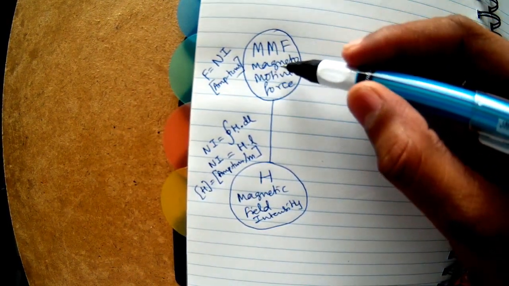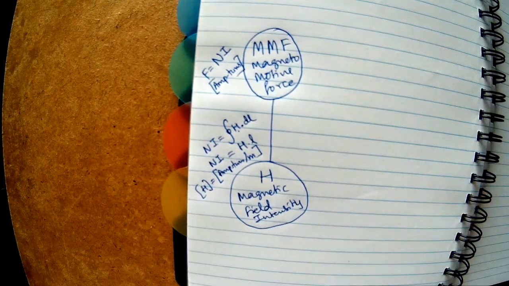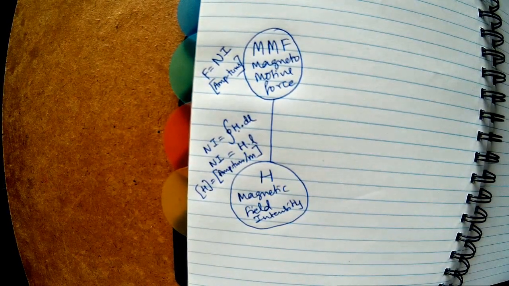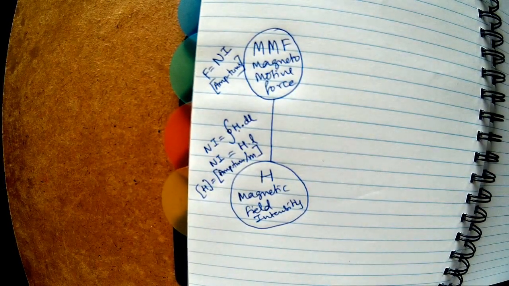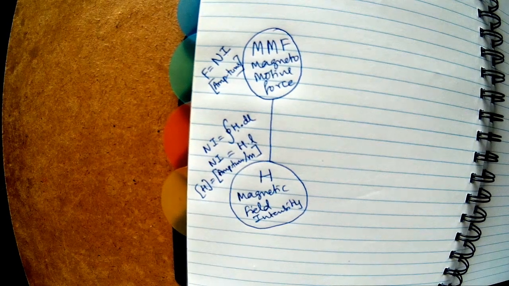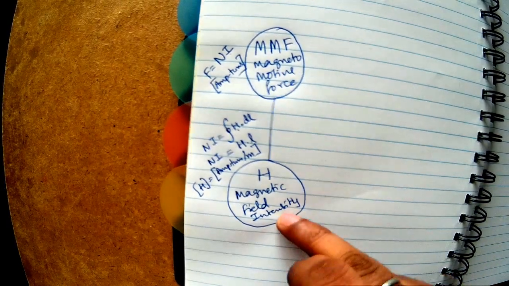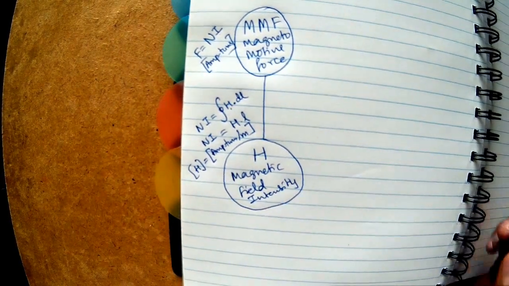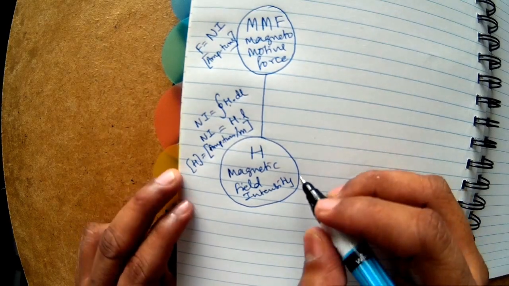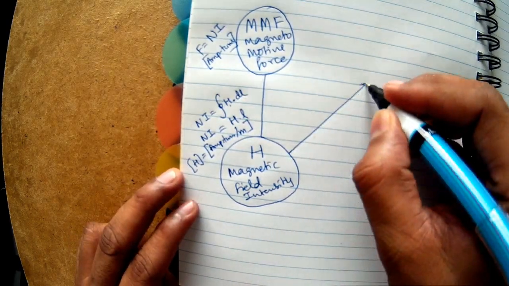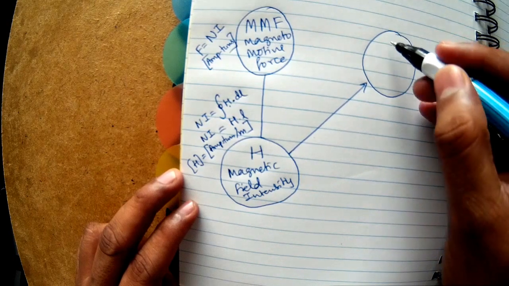The MMF creates a magnetic field intensity. Now whenever any material is placed inside a magnetic field, some flux is developed in that material. So this magnetic field gives rise to flux.